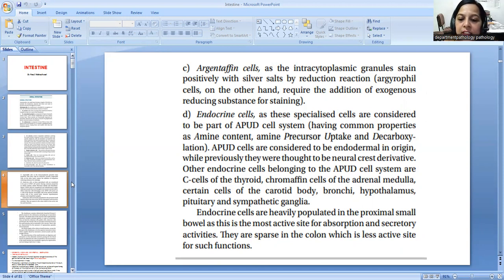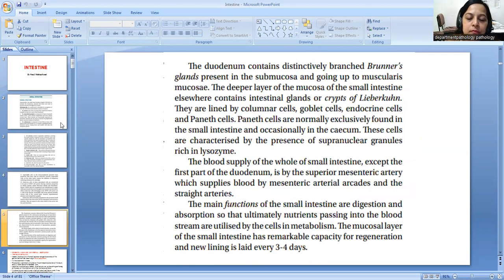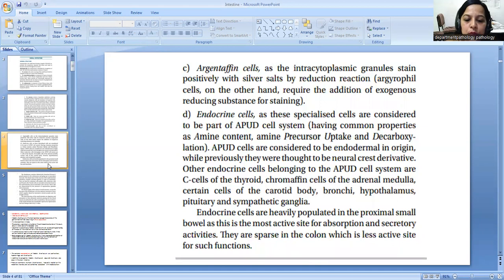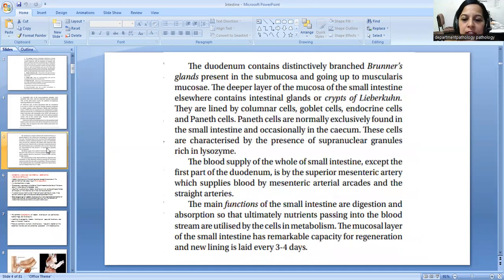Endocrine cells, as these specialized cells are considered to be a part of the APUD cell system, which is amine content, amine precursor uptake, and decarboxylation. APUD cells are considered to be endodermal in origin, while previously they were thought to be neural crest derivative.